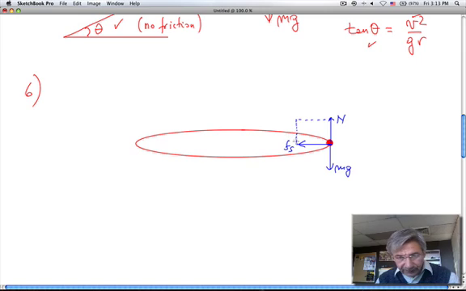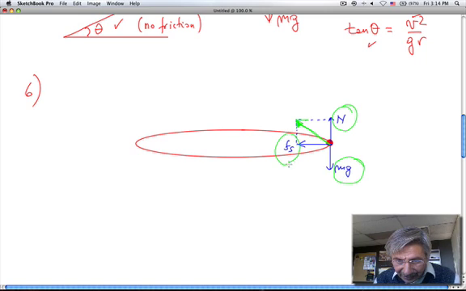So the total force is going to be a vector that points somewhere in this direction, and that will depend on the value of this normal force, which is equal to the weight, and the value of this one, which is equal to the centripetal acceleration times the mass.